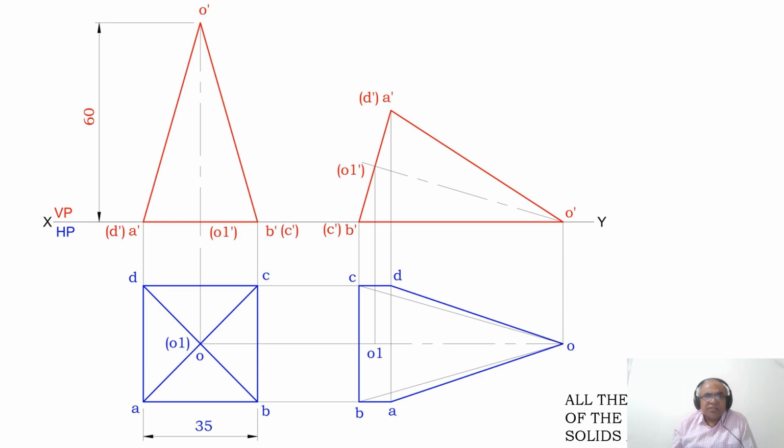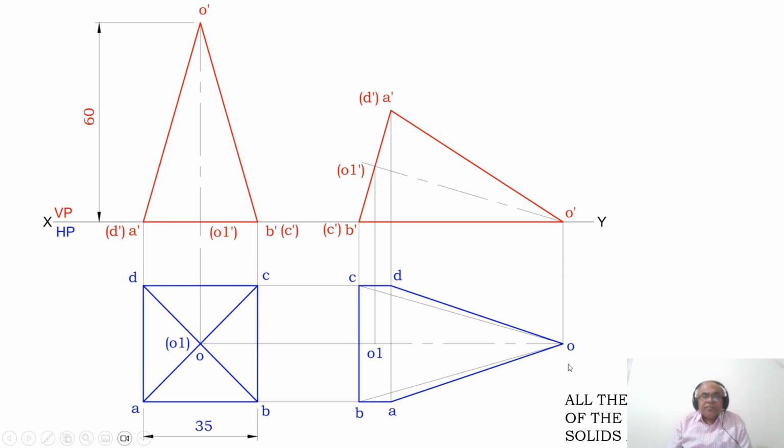Then you draw a vertical projector from A dash and D dash to the XY to the top view, and draw a horizontal projector from A and D. These two lines will intersect at these two points. You mark that point as A and this point as D. Then join A to B, B to C, C to D and D to A with a thin line, and join OA, OB, OC and OD with a thin line, and you mark this as O1 with a big dash and small dash, which is the axis line.